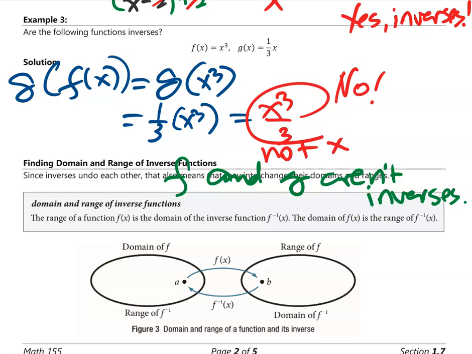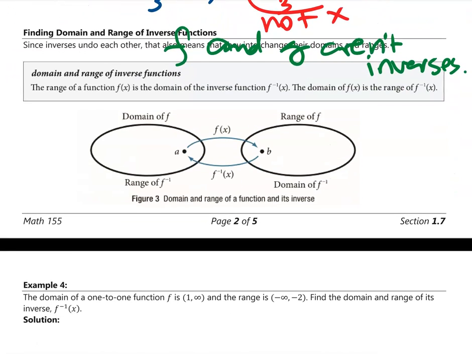Okay, next, find the domain and range of inverse functions. So remember, important for inverse, swap. Meaning your domain and range swap also.